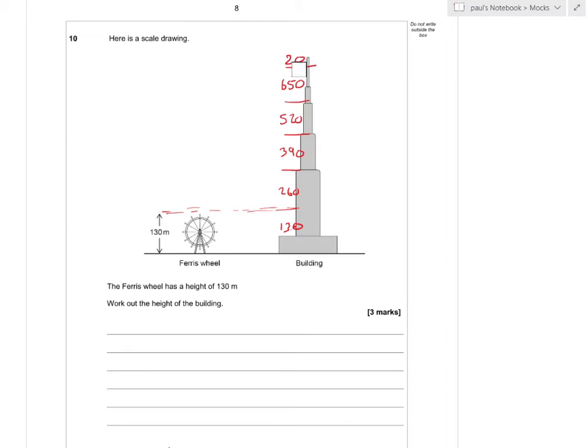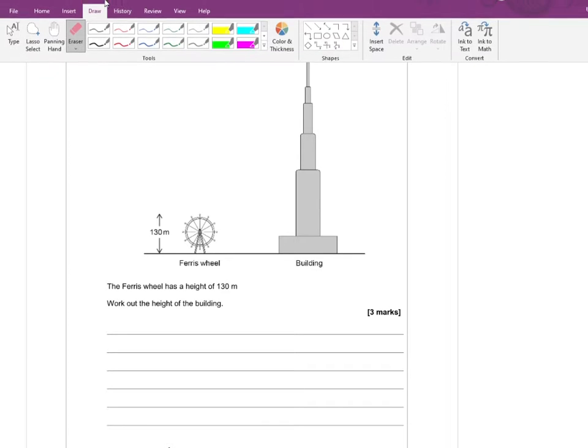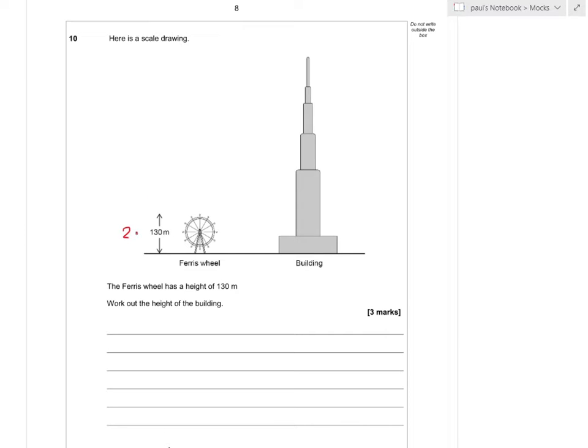Because I can't just make this up. On my thing, what I'm measuring there is the Ferris wheel is about 2 centimeters tall. So that's about 2 centimeters, and the whole of this Burj Khalifa is 11 centimeters tall.